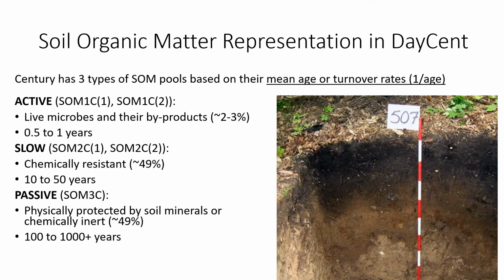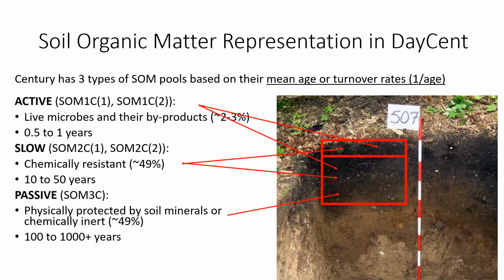Soil organic matter absorbs to clay particles and becomes protected, so that microbes can't access that carbon as easily and it's slower to decompose. It's called physically protected, and it has a much longer life than the other pools, 100 to 1,000 plus years.